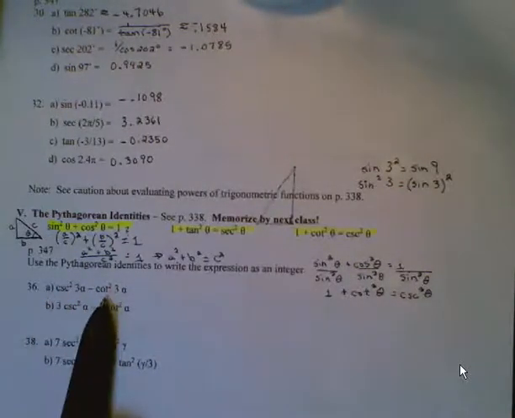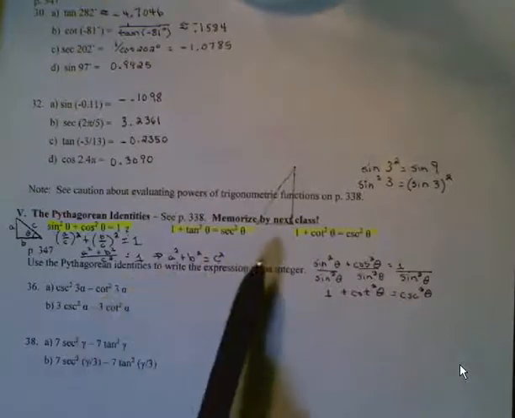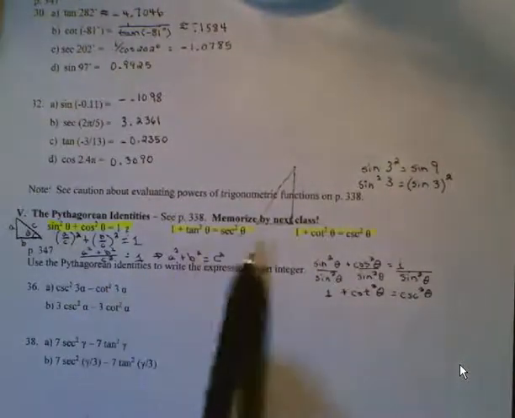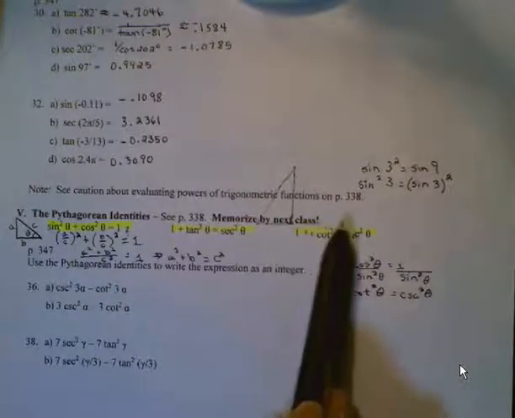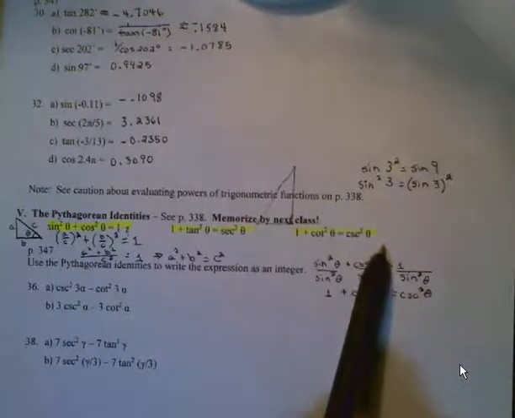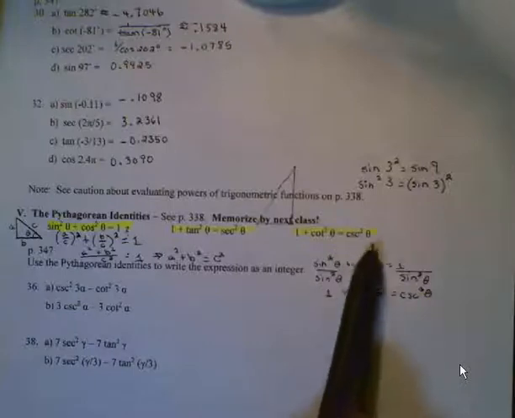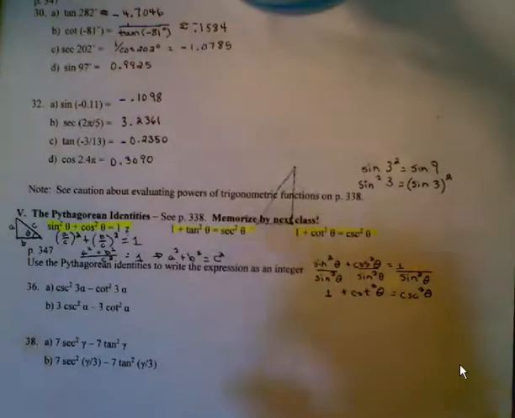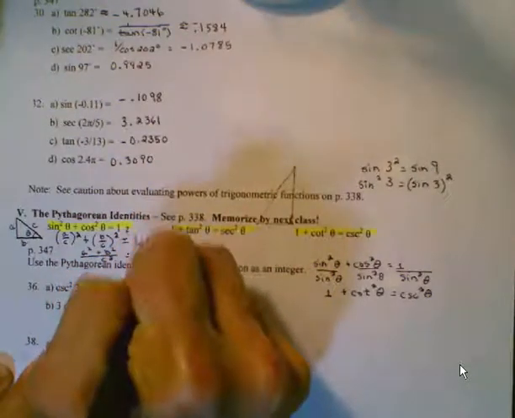Cosecant minus cotangent, or I should say cosecant squared minus cotangent squared. All I would have to do is subtract cotangent squared from both sides, and I'd have cosecant squared minus cotangent squared equals 1. So that's the value of this expression.